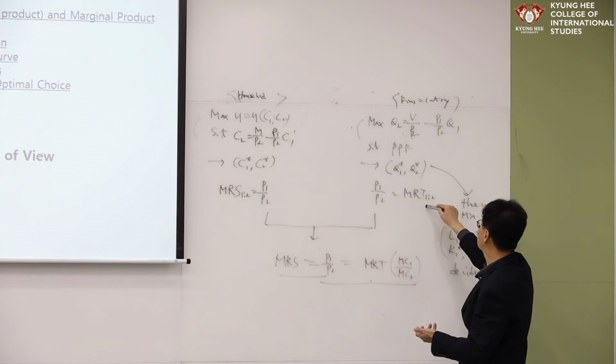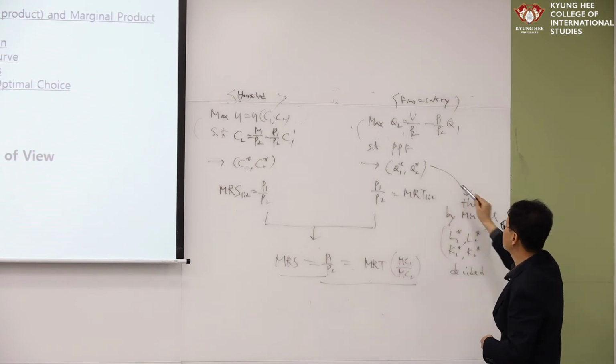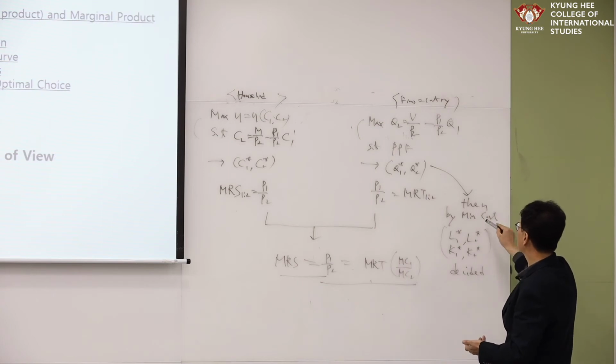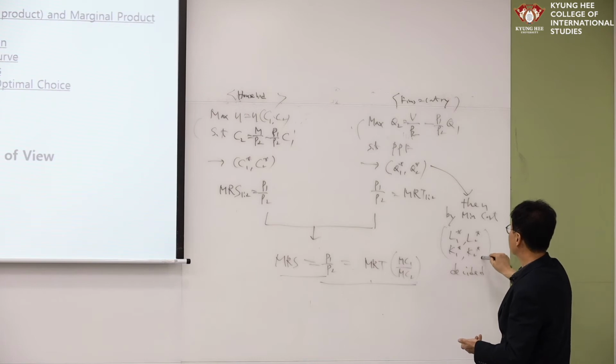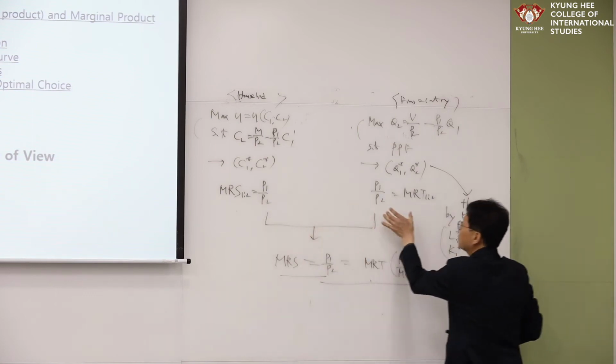We studied this, right? And in addition, Q1 star and Q2 star are decided by the cost minimization solution, and L1 star, K1 star, L2 star, K2 star are decided automatically, right? Anyway, we focus on this one and this one.